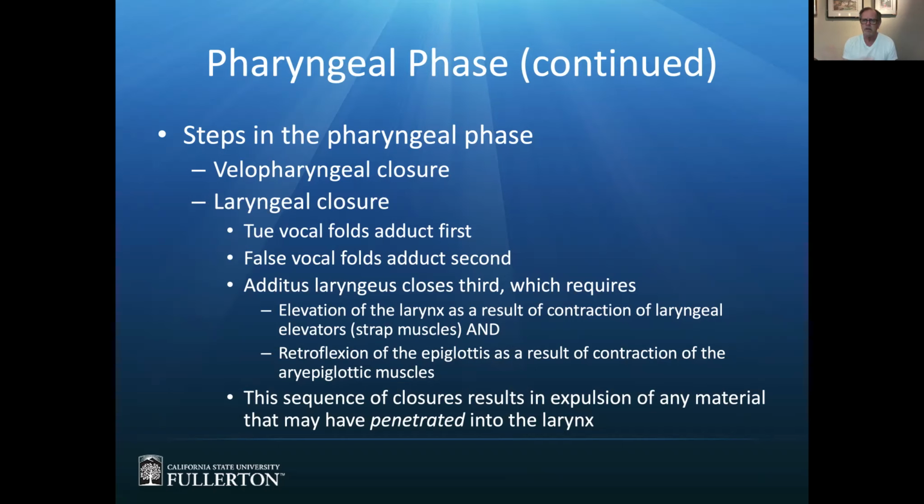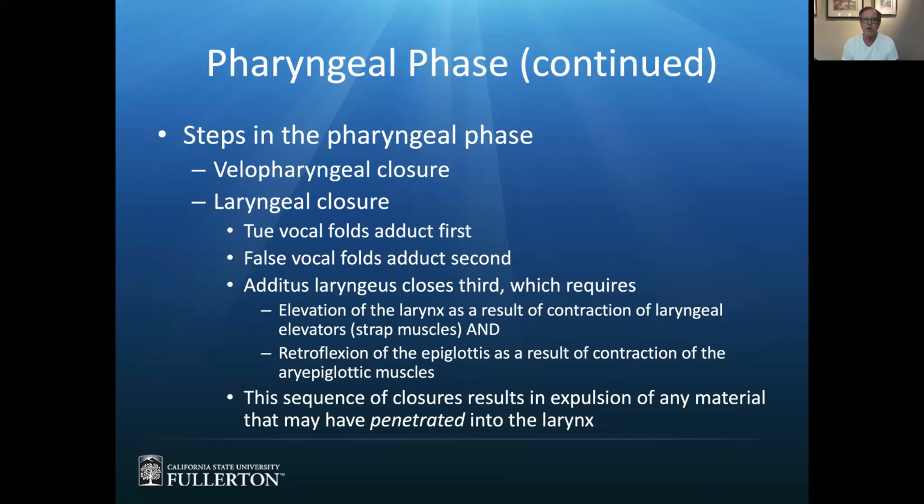And this sequence of closures will tend to expel the material that's been aspirated into the laryngeal vestibule before it ever gets down into the trachea or lungs, I should say. So it's a protective mechanism to close in that sequence.